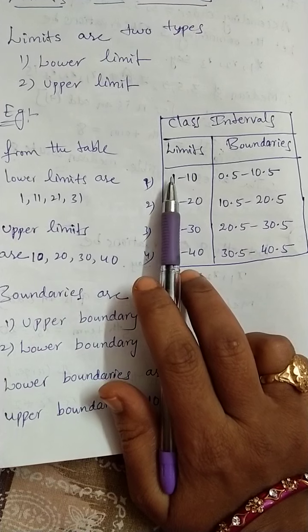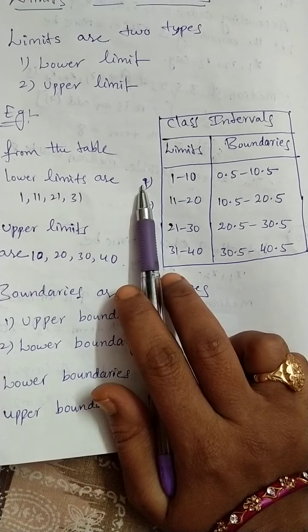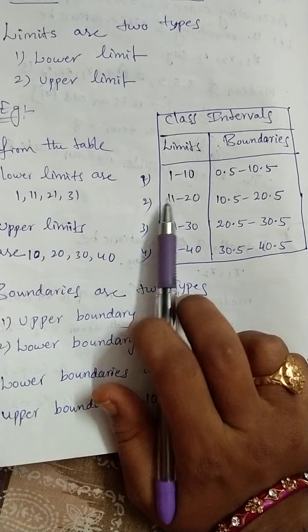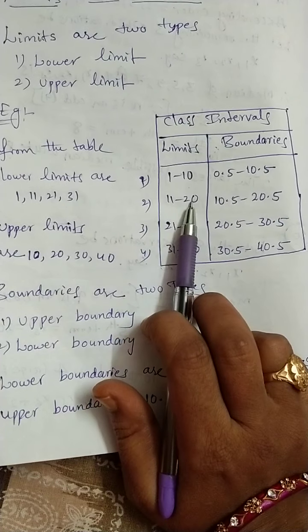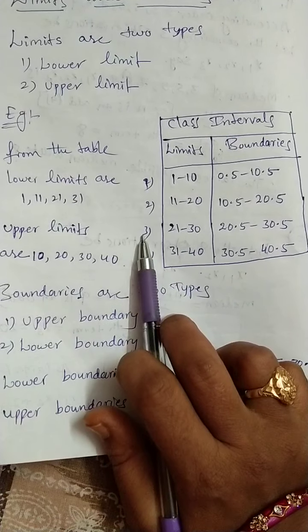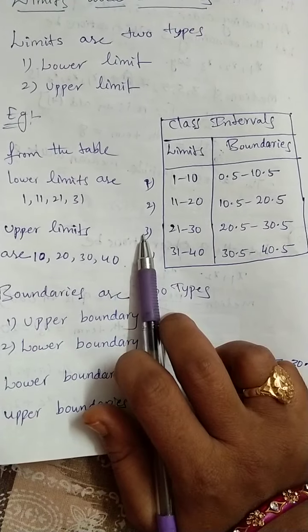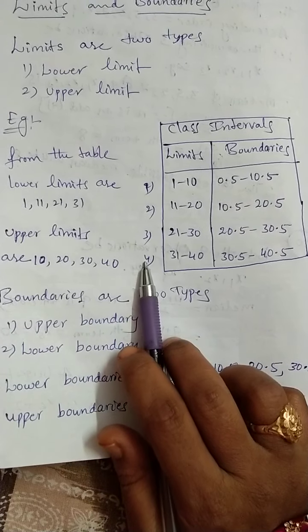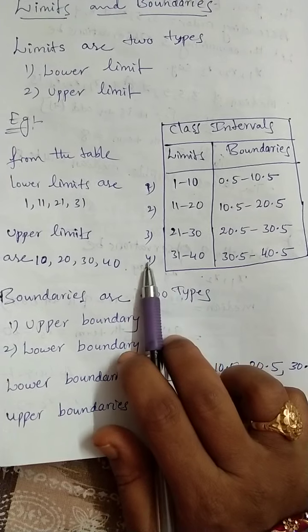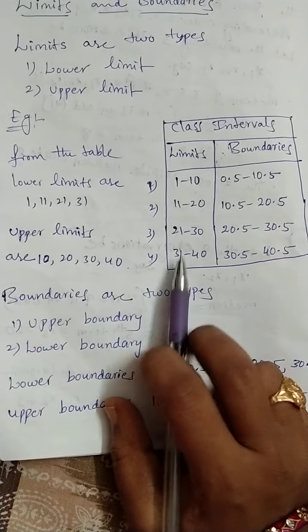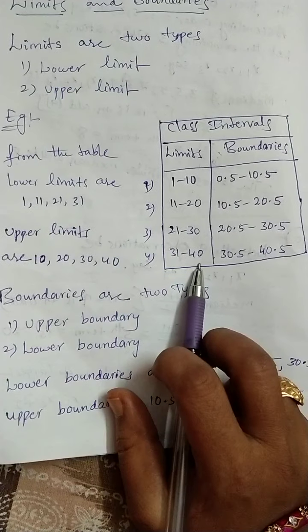This is the lower limit of the first class interval, upper limit of the first class interval, lower limit of the second class interval, upper limit of the second class interval, lower limit of the third class interval, upper limit of the third class interval. Next, lower limit of the fourth class interval, upper limit of the fourth class interval, like this. So all left side numbers are lower limits, right side numbers are upper limits.